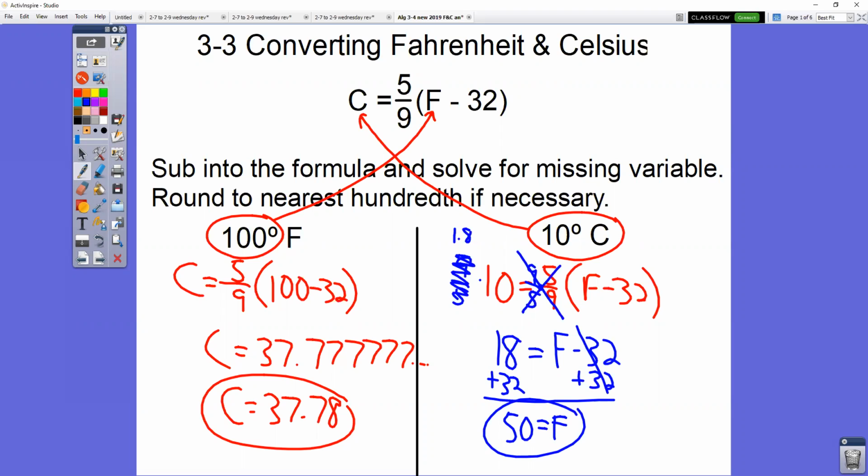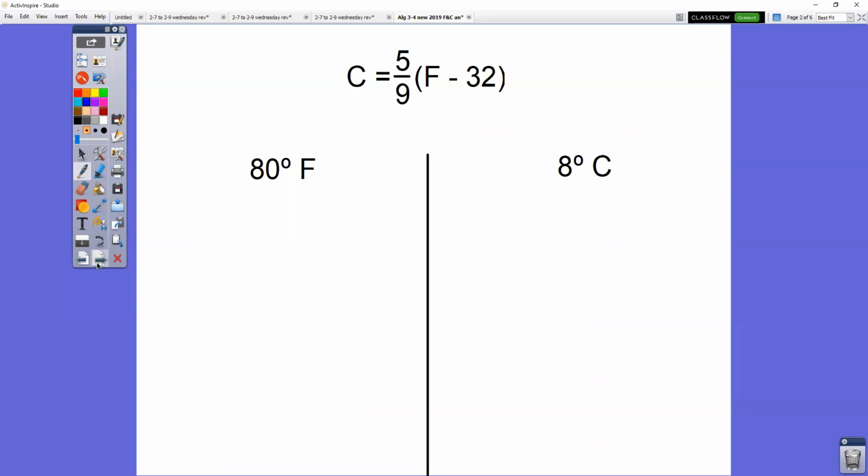So there was one example of each. Go ahead and try both of these on your own, please. Remember to sub in the F for the F spot and the C for the C spot.